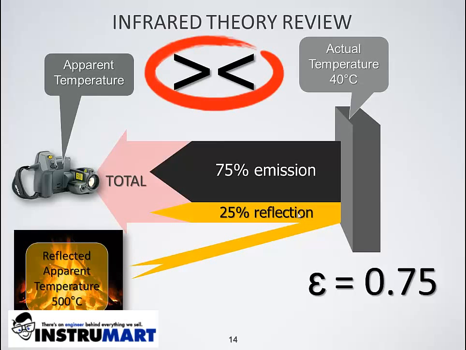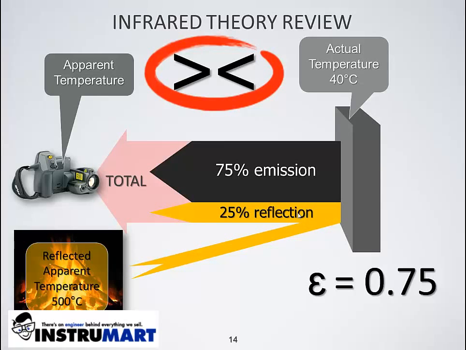Again, let's say that our target of interest has an emissivity of 0.75 and the temperature of our target is 40 degrees C. In this example, though, let's say that the source of our reflection is a very large fire that has a temperature value of 500 degrees C. Once again, let's do nothing to our IR camera to compensate for emissivity.